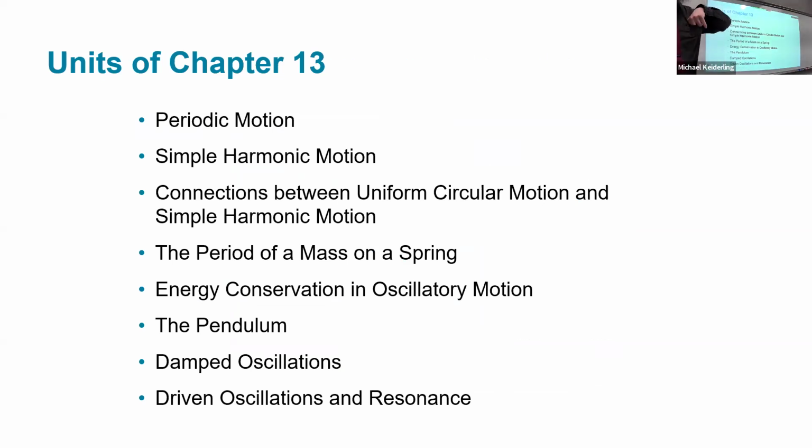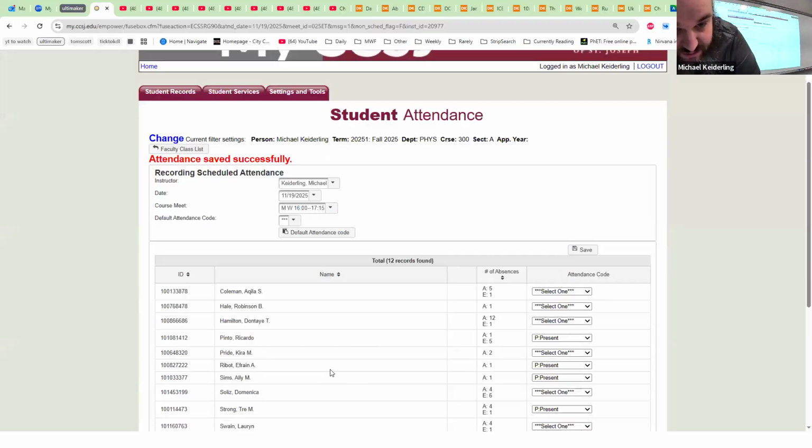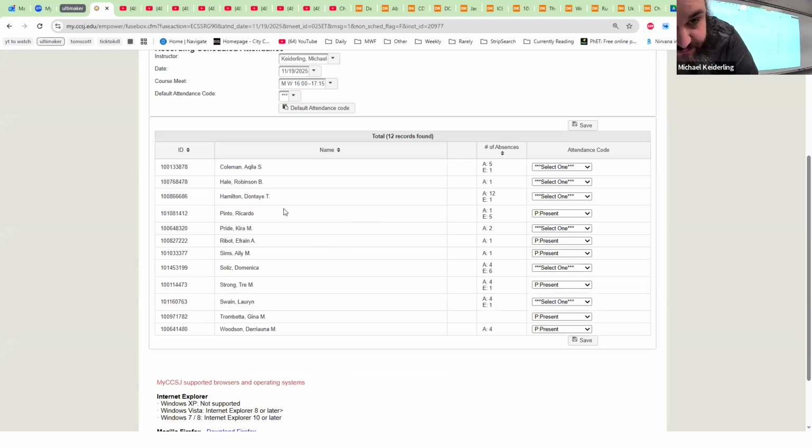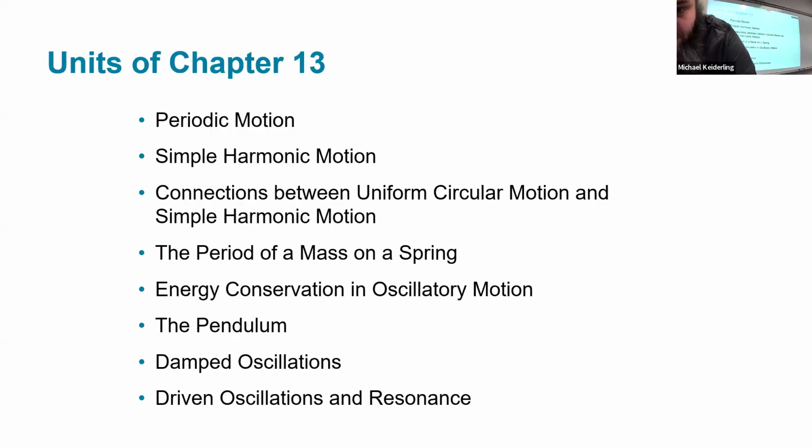We'll work out the period for the classic example of simple harmonic motion, which is a mass on a spring. Then we'll do energy conservation in oscillatory motion, the pendulum, damped oscillations, and driven oscillations in resonance.